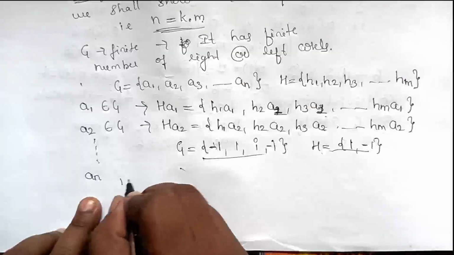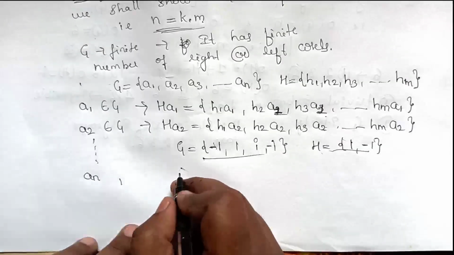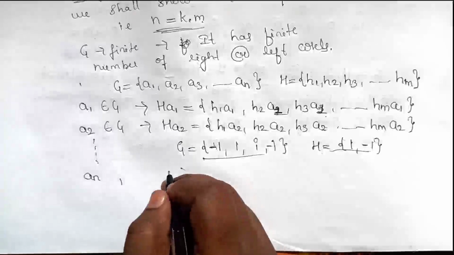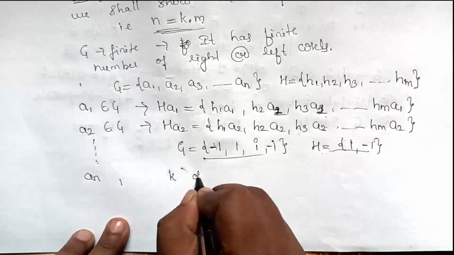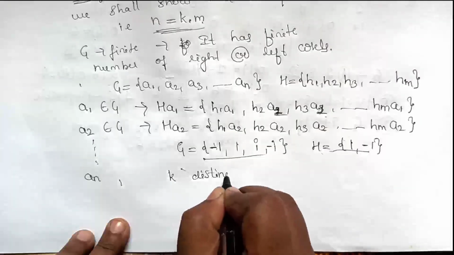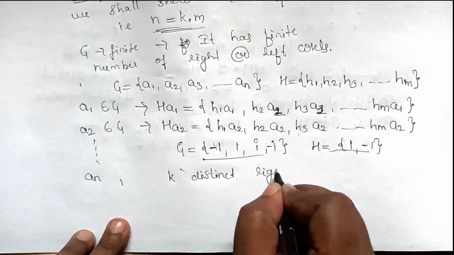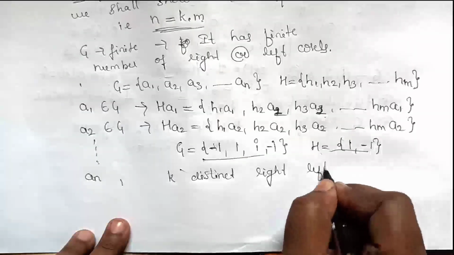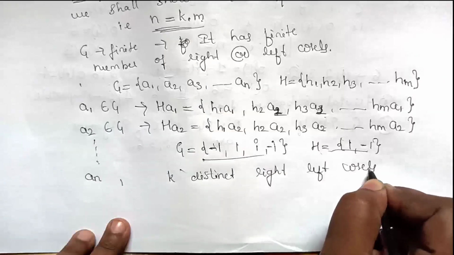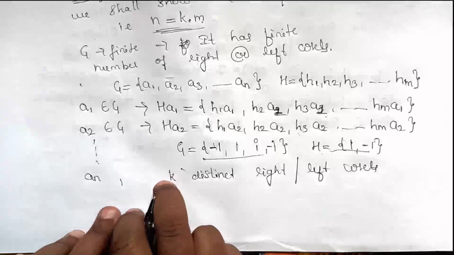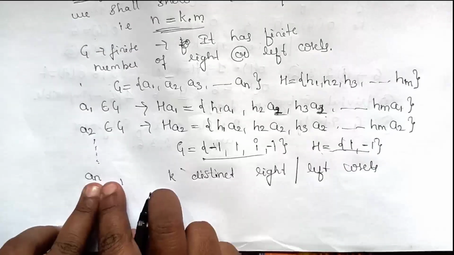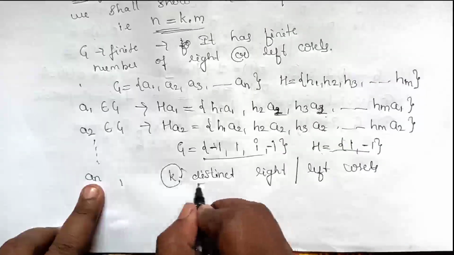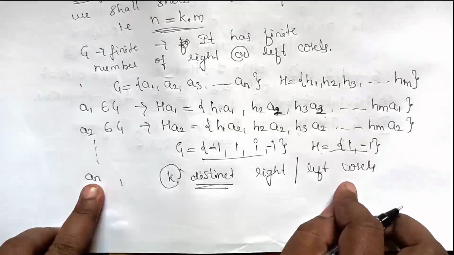Suppose it has only k distinct right or left cosets. We don't take all n right cosets, we only need k distinct right cosets.